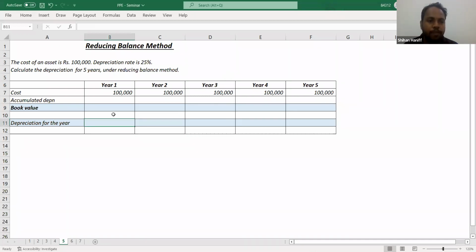Depreciation will be 25%. So you have to calculate 25% from the initial cost. So it's 25,000.